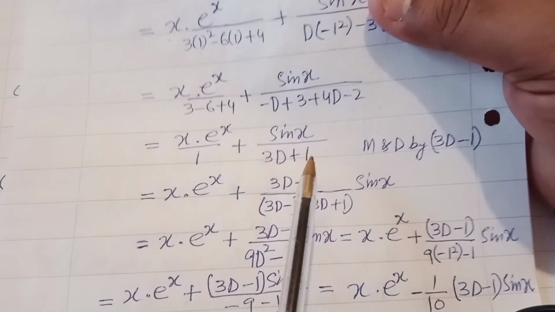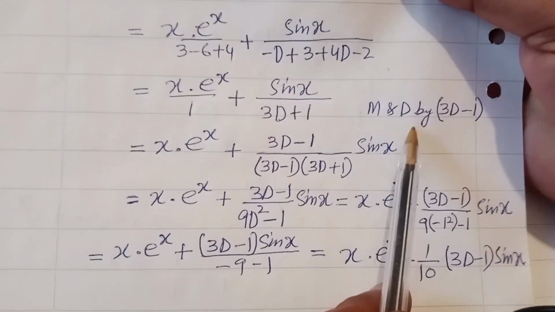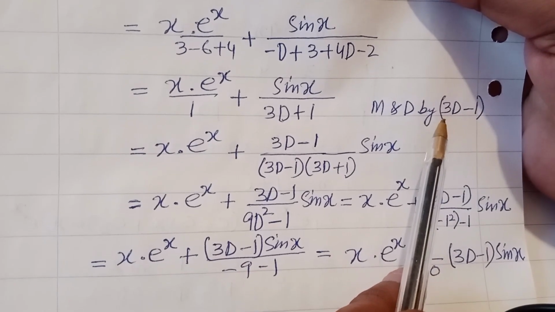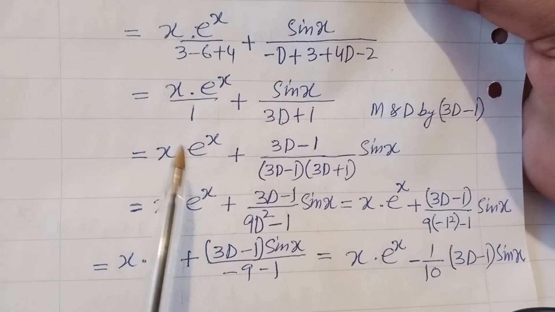Now here we will multiply and divide by 3D - 1 at the right hand term, because the left hand side is the solution.